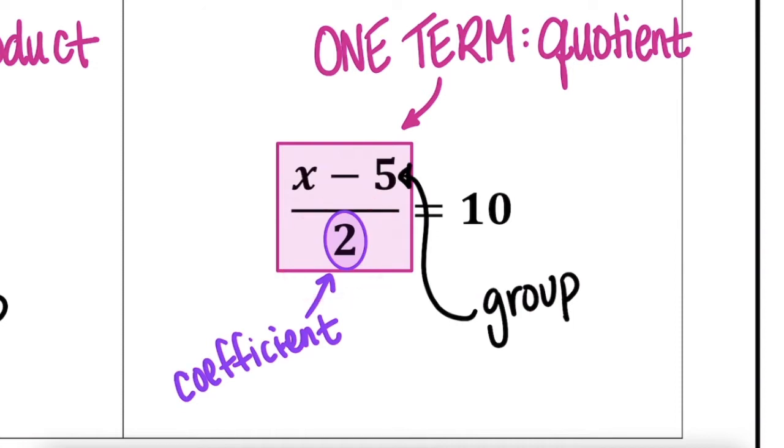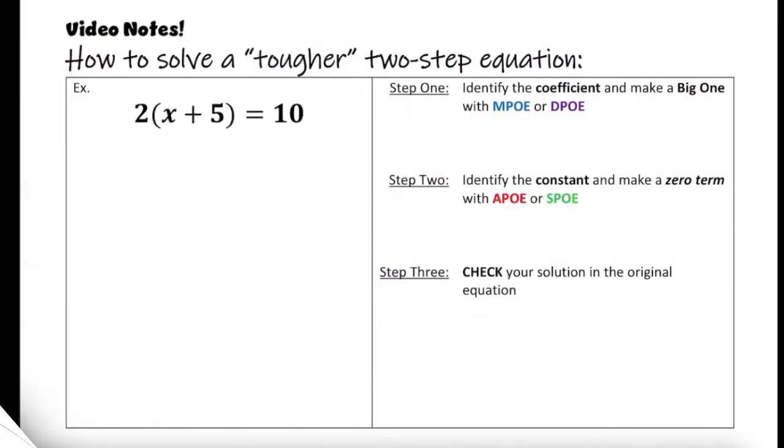So let's talk about how it is that we actually solve these equations. Starting with our first equation here, before I do anything else, I'm putting a line down the middle of my equal sign. Since we have a single term here, we're actually going to do the steps in reverse.